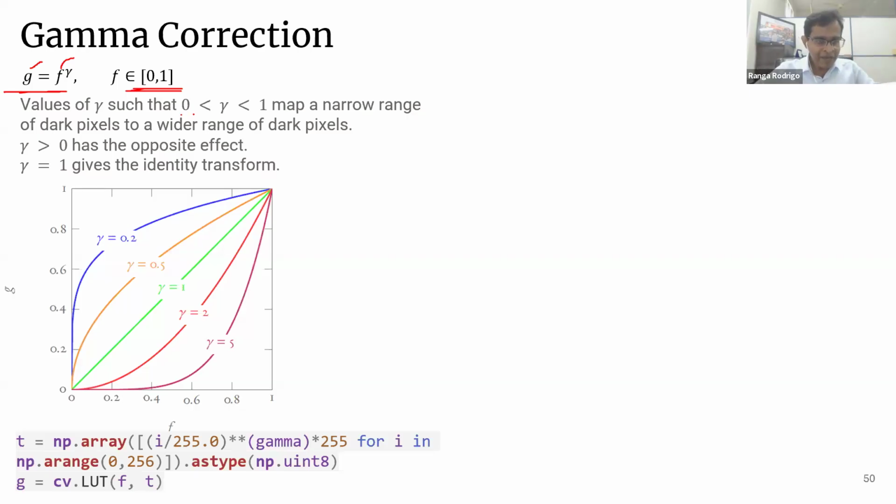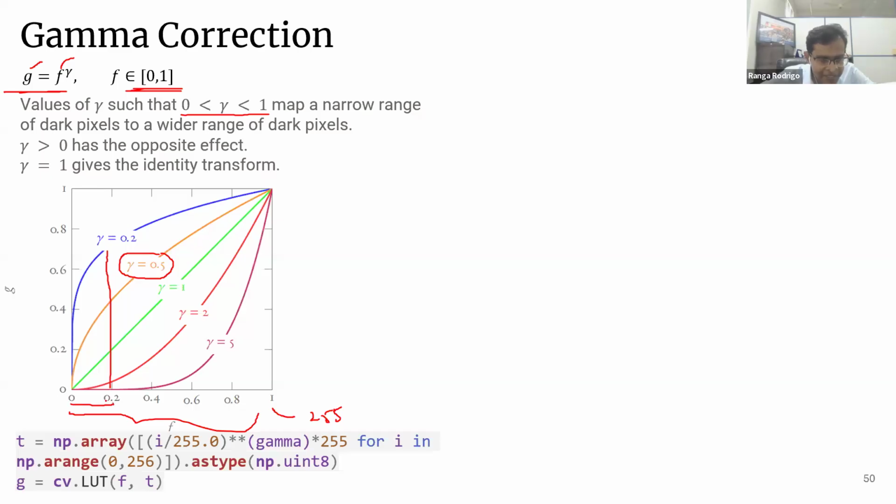Now, gamma, if it is from 0 to 1, a value like 0.5, let's see the effect that happens. Now, these are intensities scaled from 0 to 1. Of course, this 1 corresponds to 255, as you know. I have constrained that by dividing by 255. So you can take a small range of dark pixels.